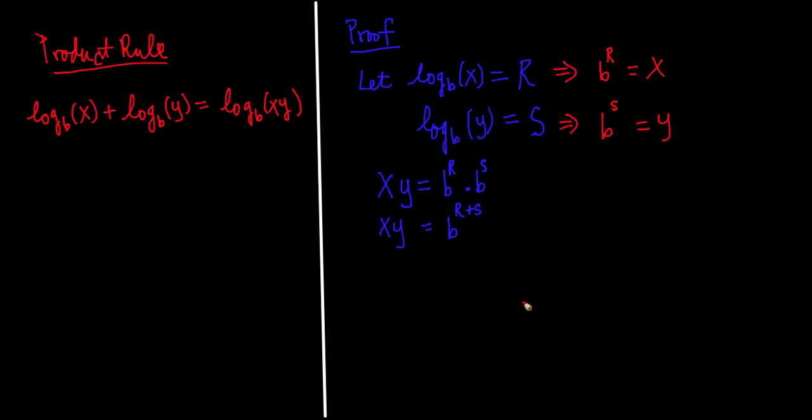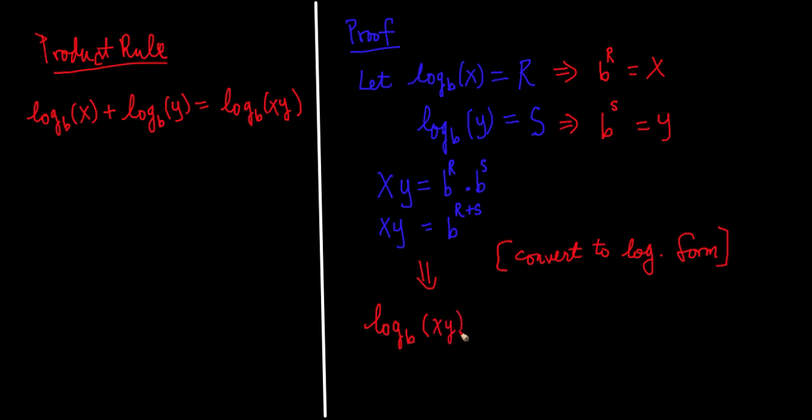Then I'm going to convert back, and I'll make a note here. We're going to convert back to logarithmic form. Well, when I do that, we take the log base b, right, that's log base b of x times y, and that must be equal to r plus s. Okay.